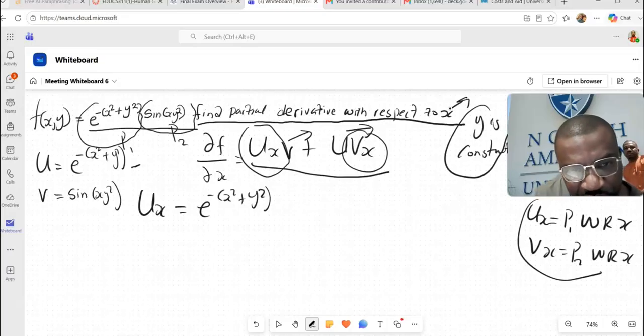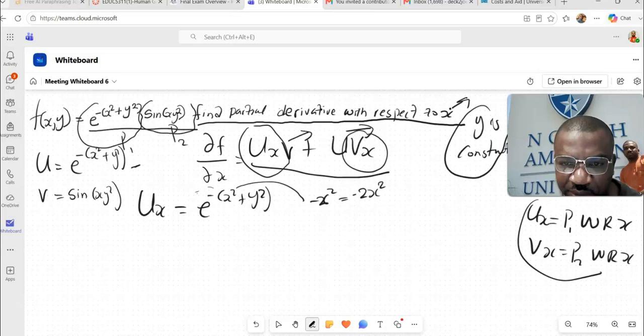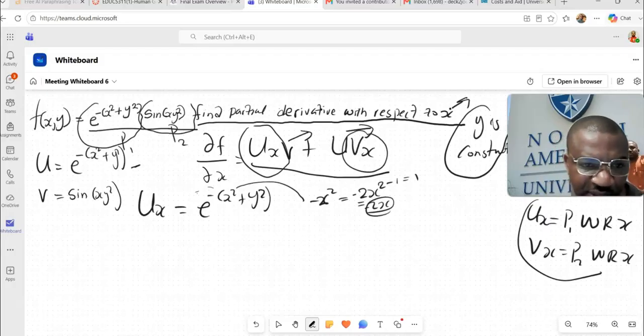So let me just bring out this x to the power 2, and remember, there's a negative sign in front of it, so it goes together. Negative x to the power 2 gives negative 2x to the power of 2 minus 1, which equals 1, and that is negative 2x.